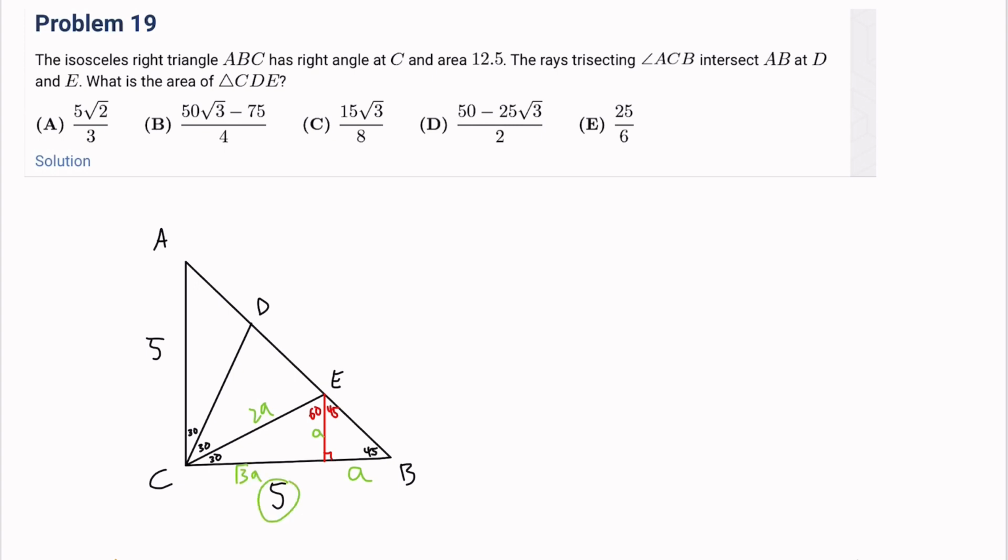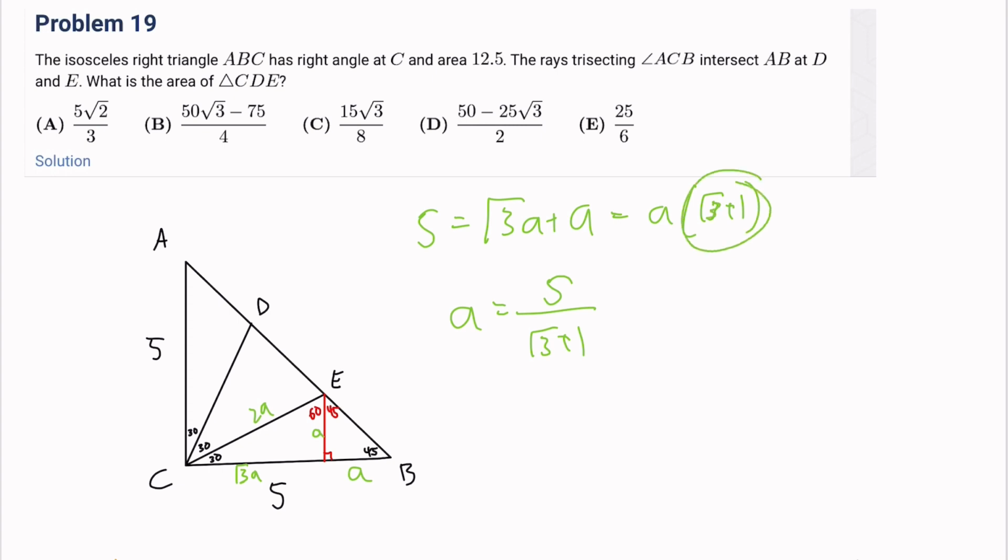But then we see that the whole length is 5, so 5 equals root 3 A plus A. A equals 5 over root 3 plus 1, because this is A times root 3 plus 1, so just divide by root 3 plus 1. And so this equals 5 times root 3 minus 1, all over 2. Okay, and so A is this.